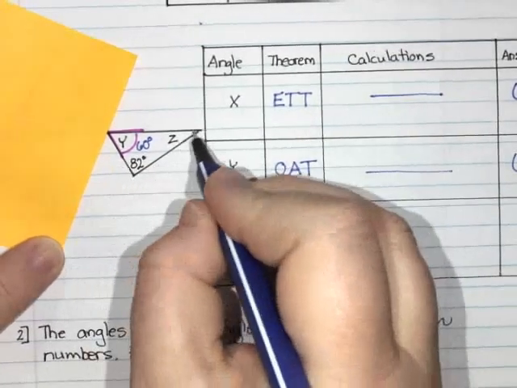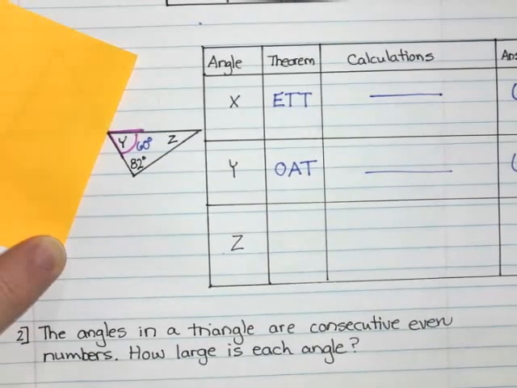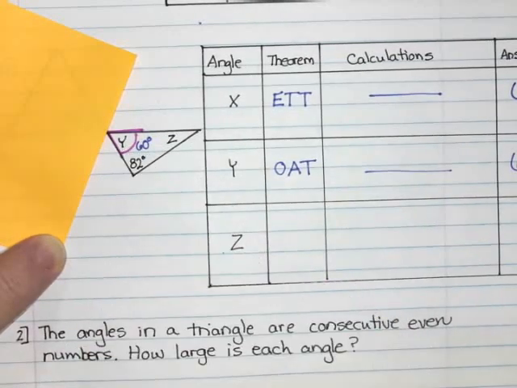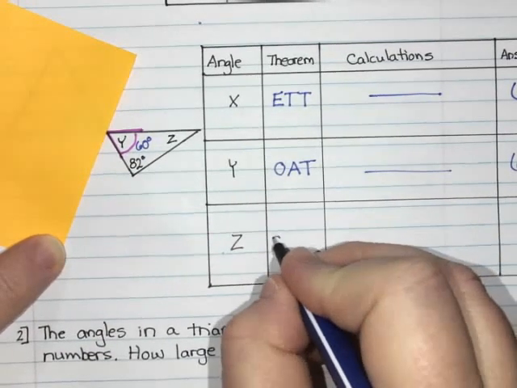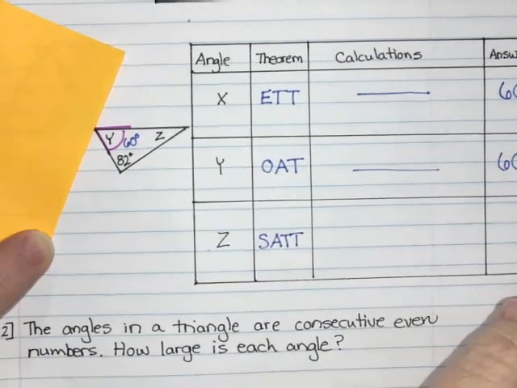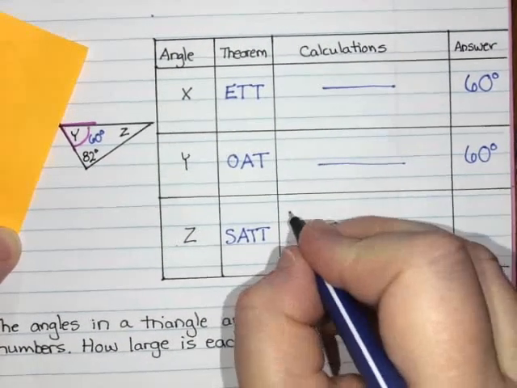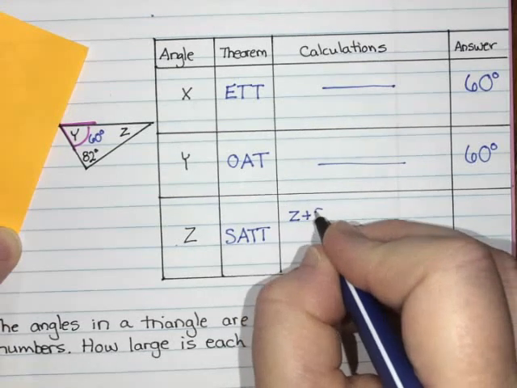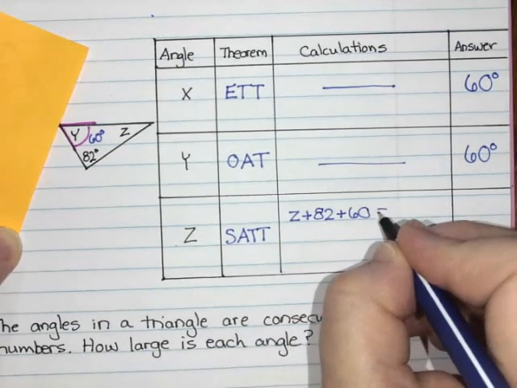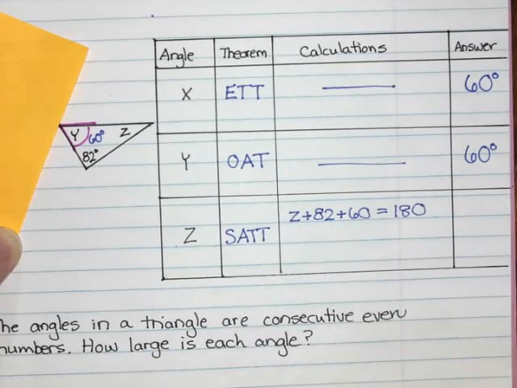So once I've done that, I now know two of the angles in that triangle. And I know that the angles in a triangle add to 180 degrees. So I can add these three things together to help me find Z using SATT, saying that Z plus 82 plus 60 equals 180 degrees.